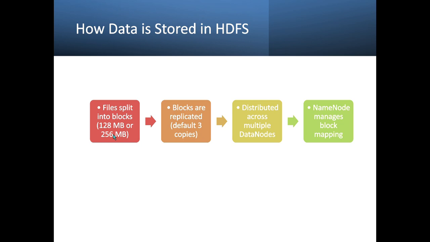So as a master, it contains all the information about the block data stored in all data nodes within the cluster. So that is how the name node manages block mapping.